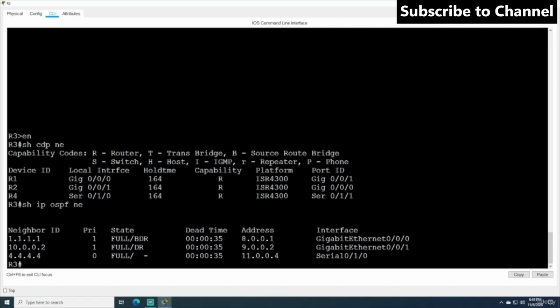And we can contrast these 2 reports because we can see here on the CDP neighbors report that neighbors are recognized via their host name, R1, R2, and R4. We can see the local interface being used by R3 to connect to these neighbors. And we can see the capability of these neighbors.